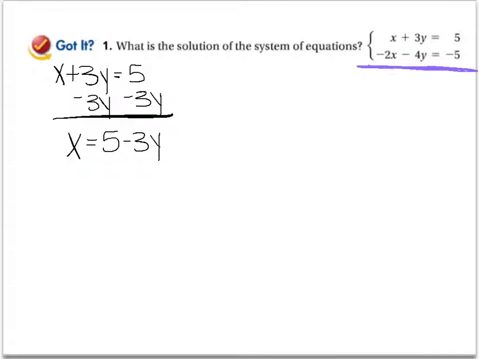So I'm going to take this equation that starts with negative 2x. Instead of x, I'm substituting 5 minus 3y.